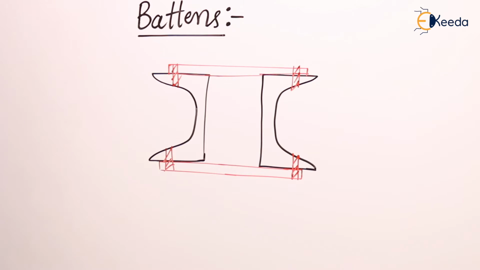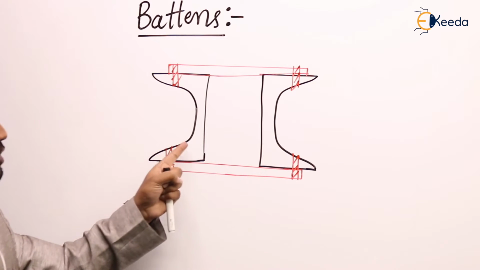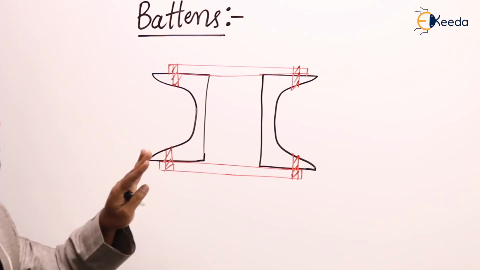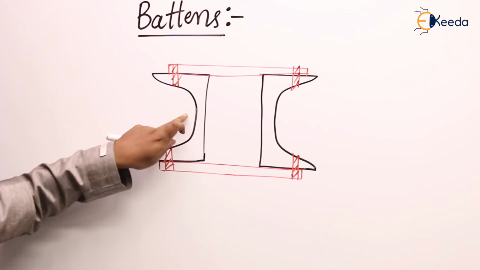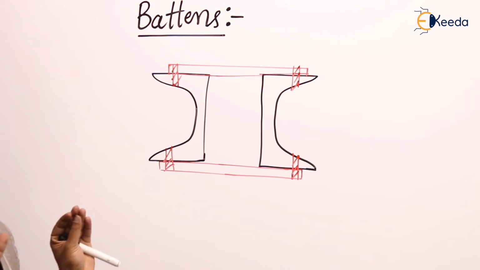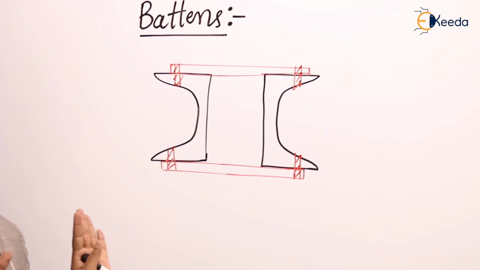Okay, this is how the connection is made. After connecting these two channels, they look somewhat like an I section. Agree or not? This is one flange and this is another flange, and this is the web. So it looks like an I section, but not exactly.